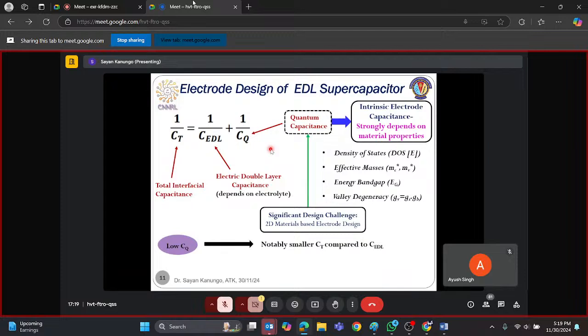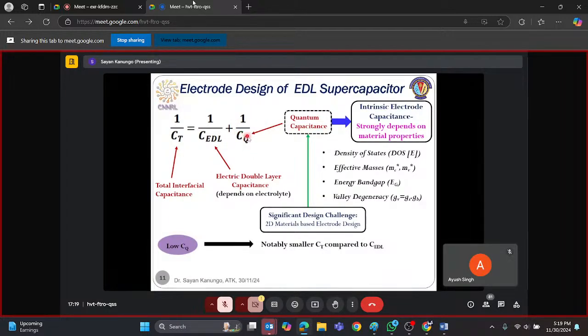If I consider an ideal supercapacitor, its total interfacial capacitance should be very much comparable to the electric double layer capacitance, because the large capacity of the supercapacitor is basically driven by this particular capacitive element. However, the presence of a low quantum capacitance represents a very detrimental effect in this ideal scenario.